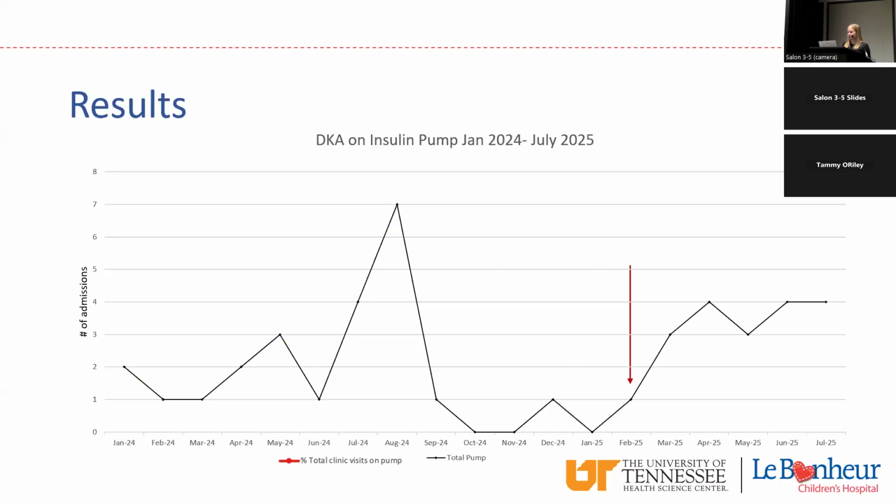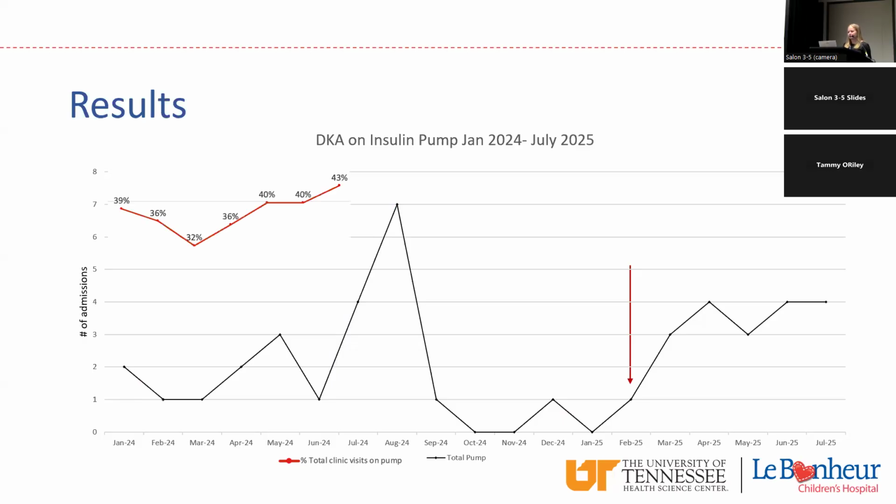And here are our results so far. This graph is showing the number of DKAs per month for patients on insulin pumps. After February of 2025, we don't really see a decrease in the number of DKAs per month. We think this is most likely due to an increased number of patients on the insulin pump.